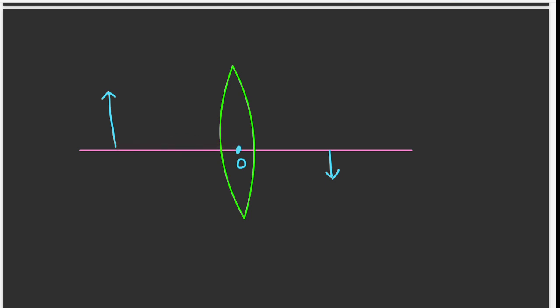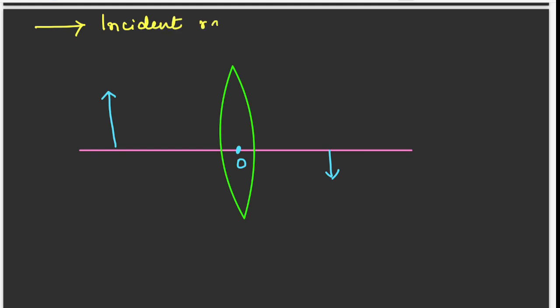If you are measuring the distance in this direction, you know that the incident ray will come in this direction, correct? Let me draw this in another color. I'll draw this in yellow. So this is the incident ray.